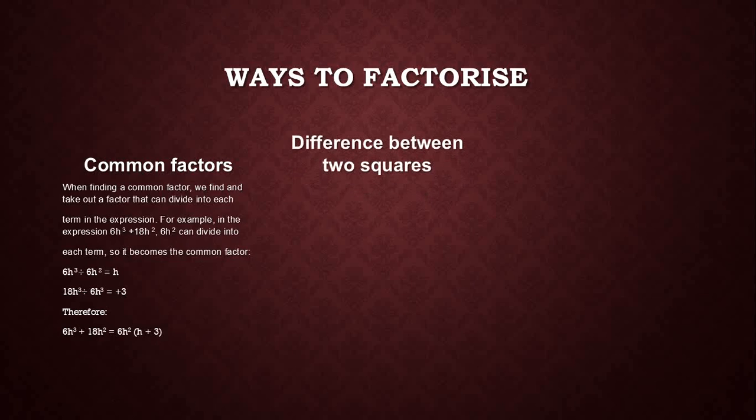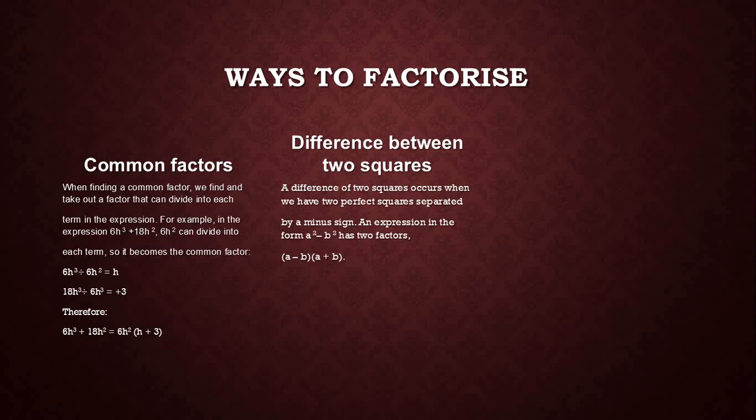The next thing that we're going to look at is the ways of how to factorize. This is called the difference between two squares. A difference of two squares occurs when we have two perfect squares separated by a minus sign.